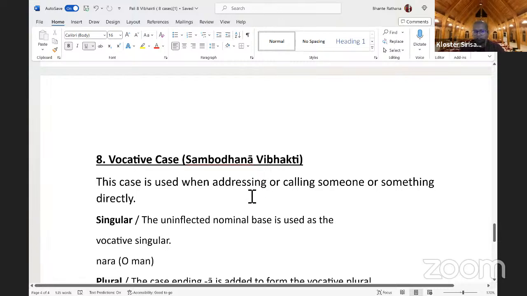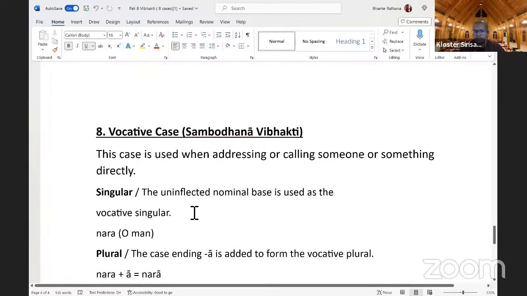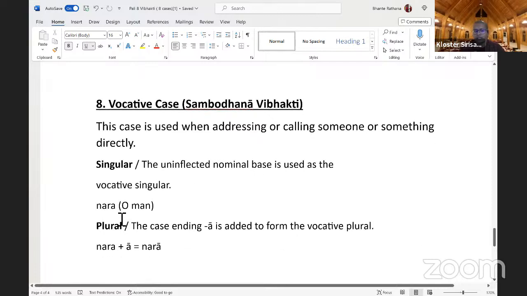Singular: the uninflected nominal base is used as the vocative. Nara means oh man. It doesn't change. Plural: the ending ā is added to form the vocative plural. Nara plus ā, narā, like that.